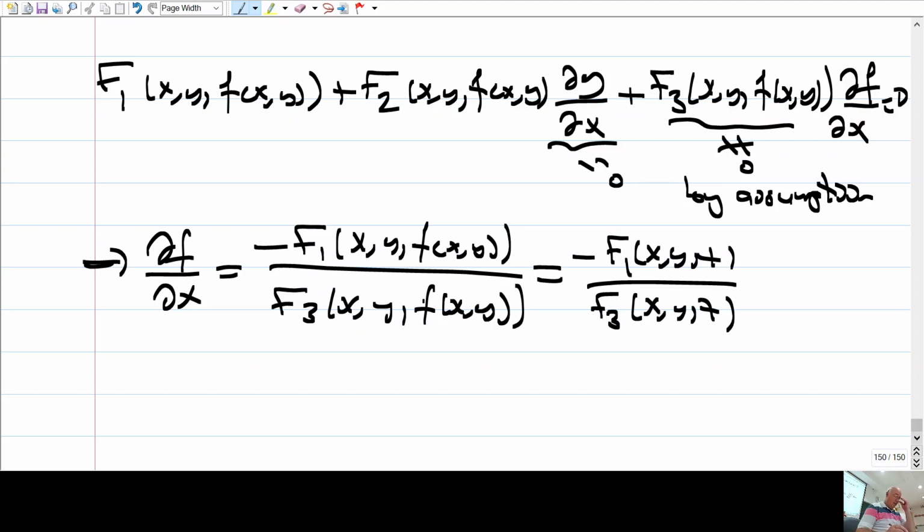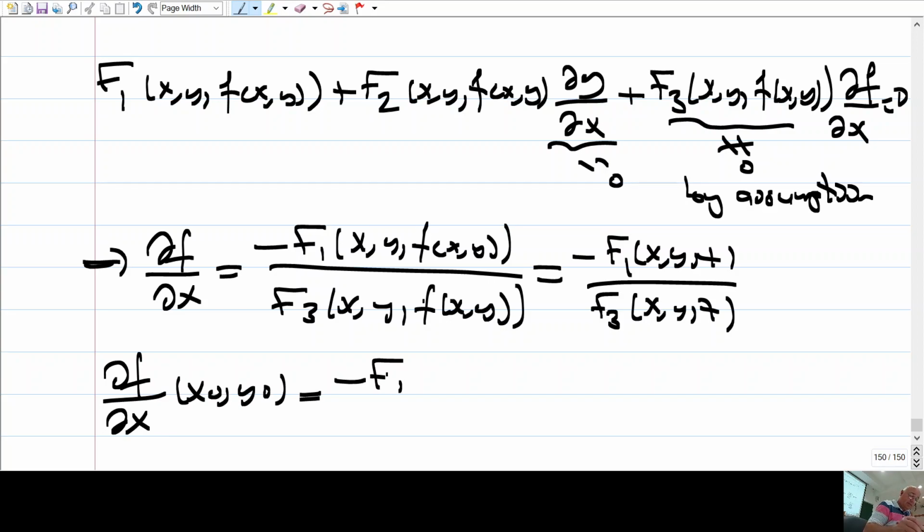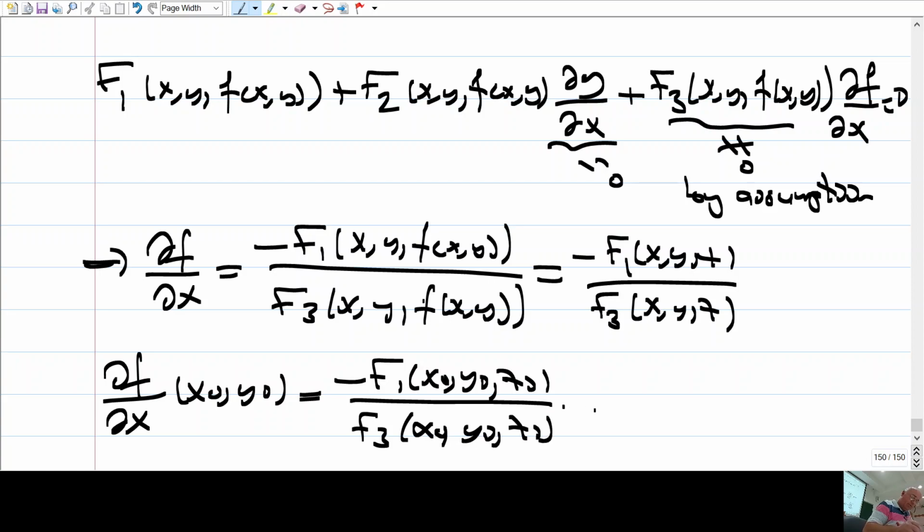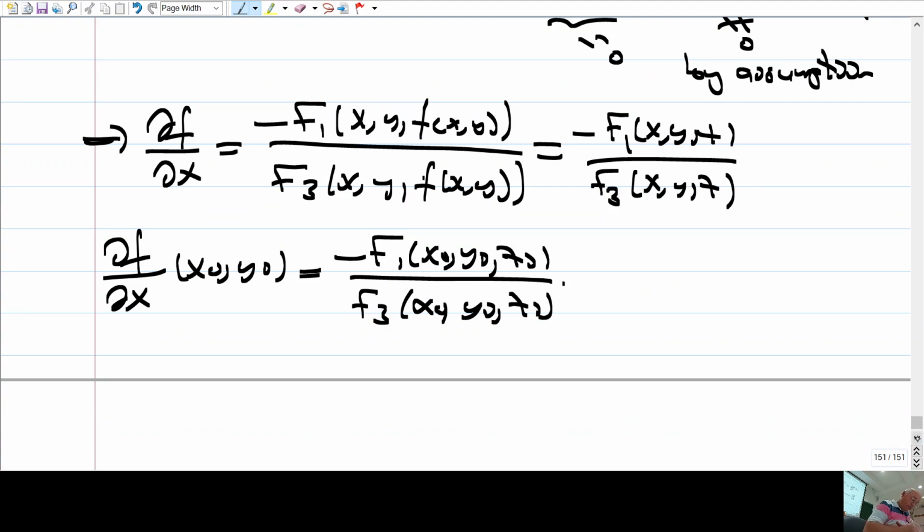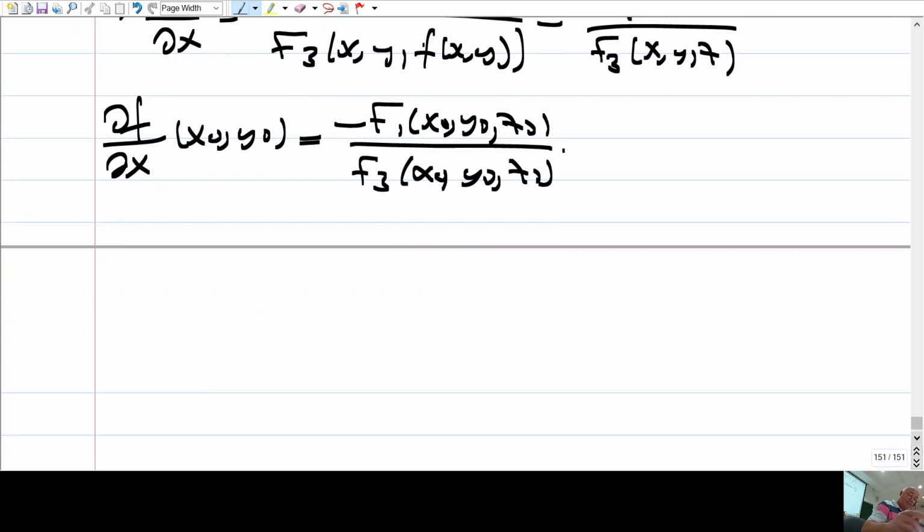Okay. If you want to compute this derivative, let's say at the point x0, y0, z0, that would be just x0, y0, z0. Similarly, of course, this is the derivative with respect to x.